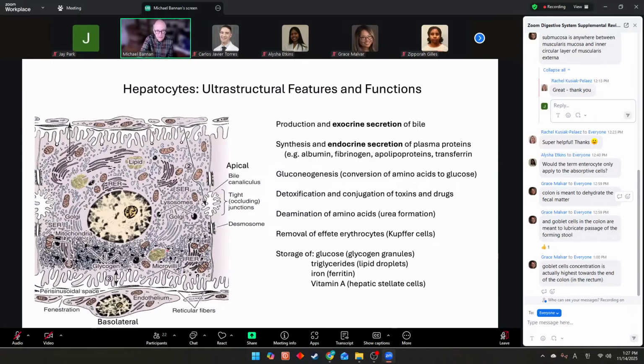So in this drawing, this surface here would be an exocrine surface because it has the beginning of the bile duct system, the bile canaliculus. And these two surfaces here and here would be endocrine surfaces of the cell because they're associated with the blood vascular space. On the bottom, the endothelial cells are labeled, and the vascular space on the other side of the endothelium is the hepatic sinusoid.